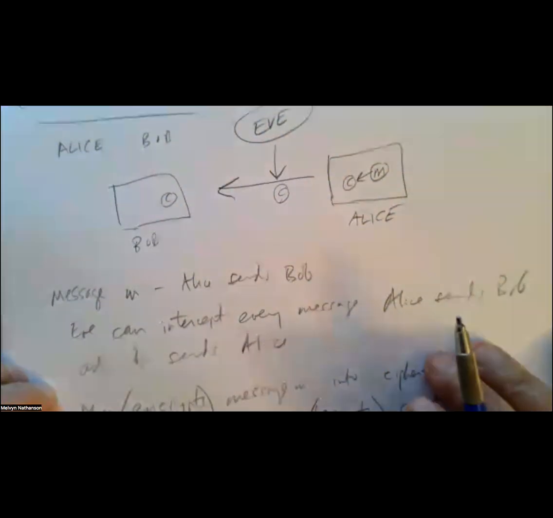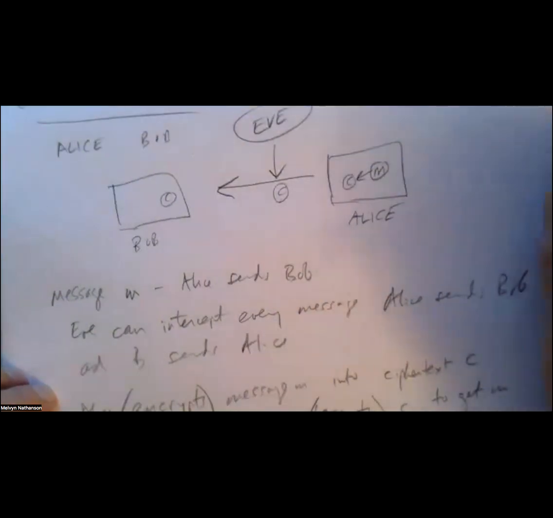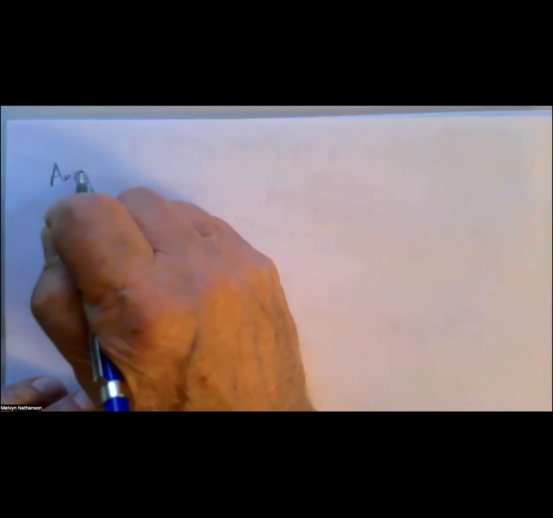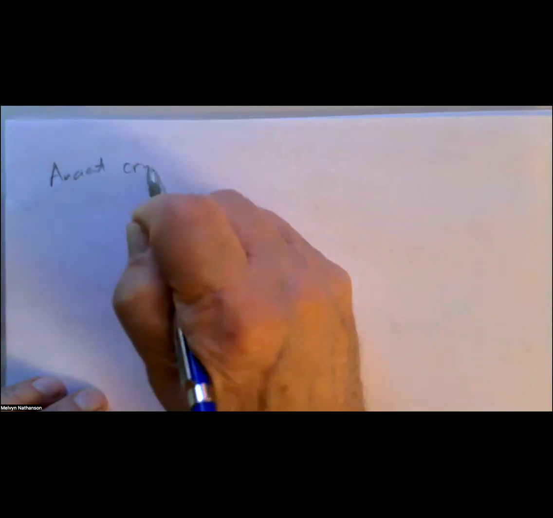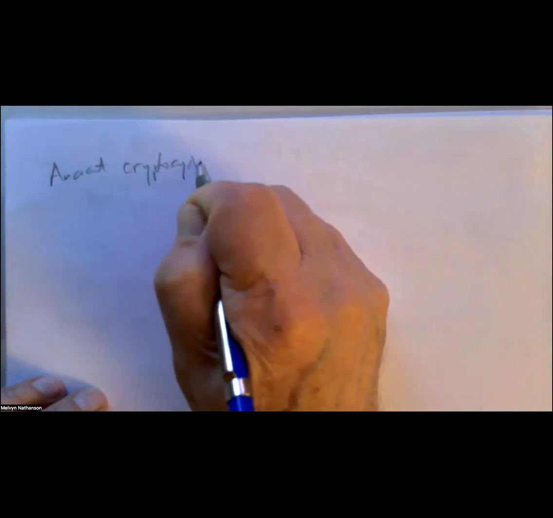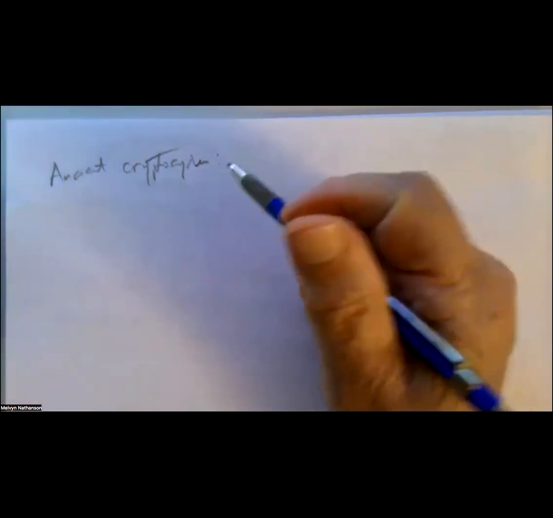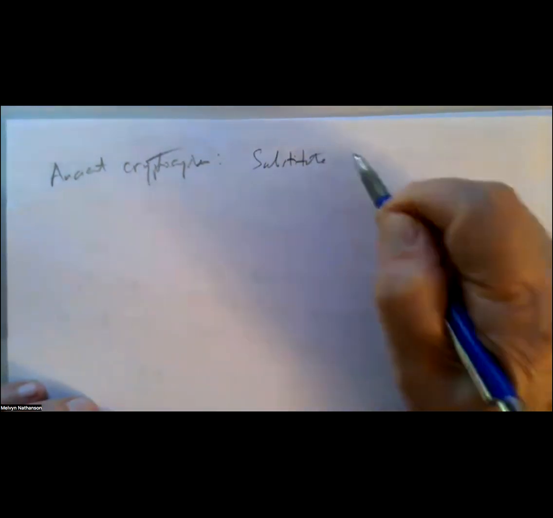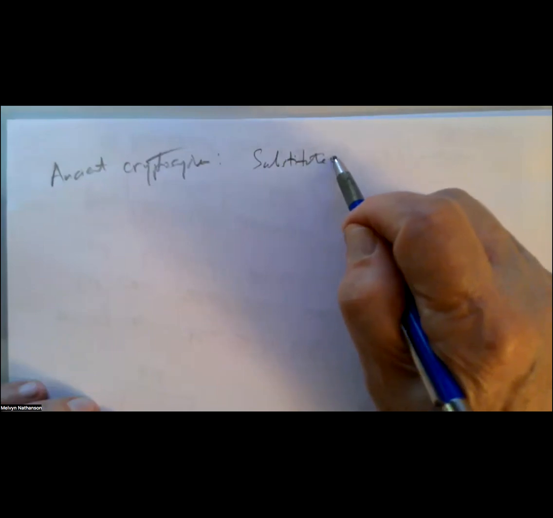So there are lots of ways to do this. One ancient crypto system is just to substitute one letter for another. Substitution.